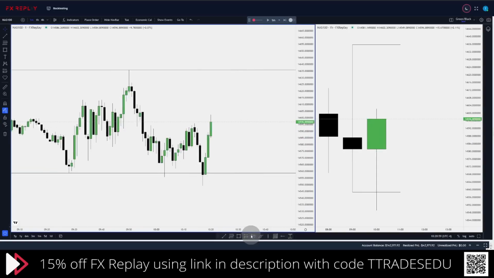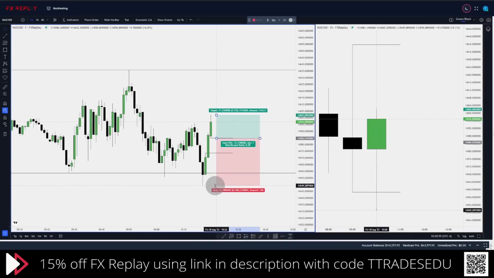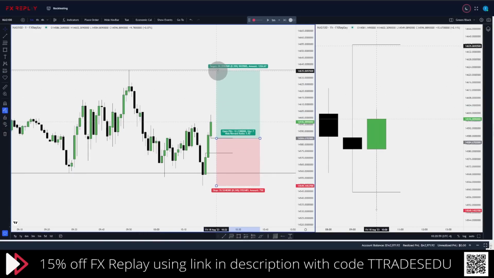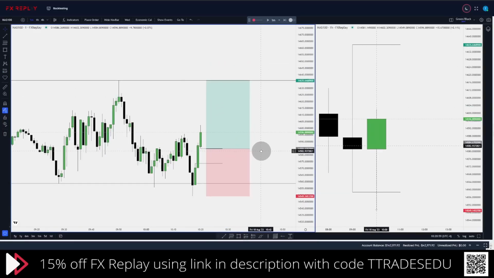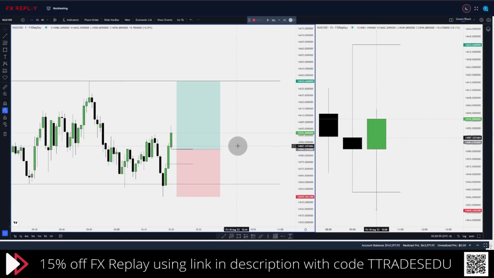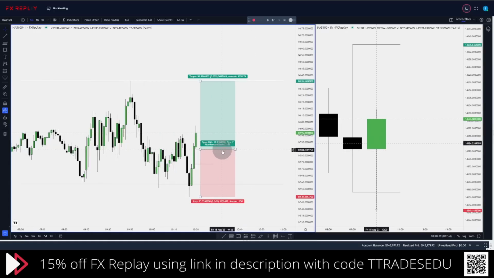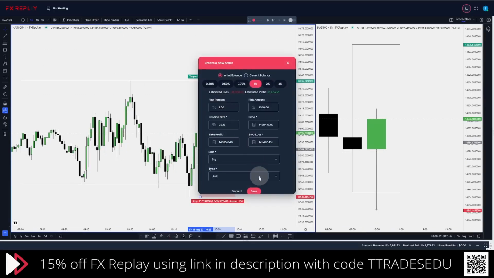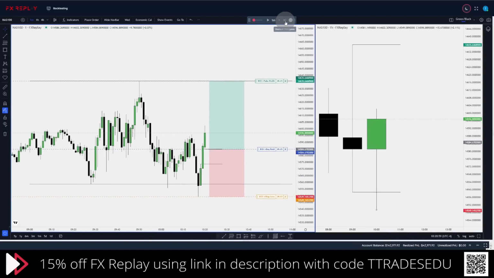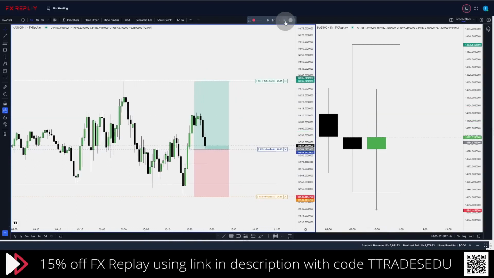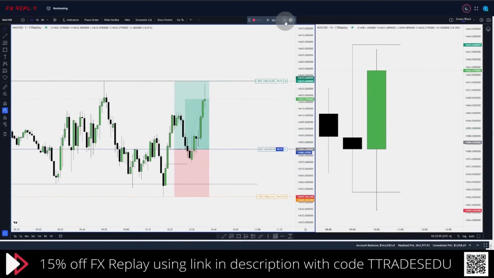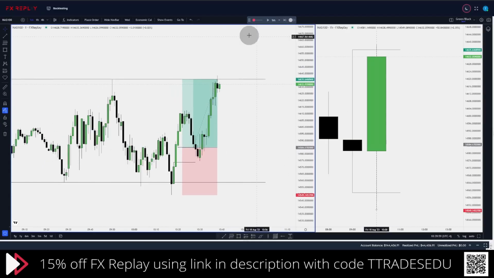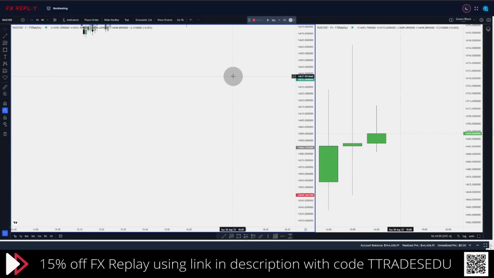There's a displacement. Now let's see what happens right here. Not a fan of that risk to reward, but we'll keep it on the swing low and see what happens. There we go. Let's go to the next day.